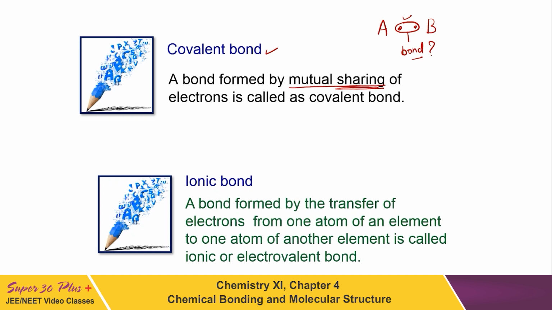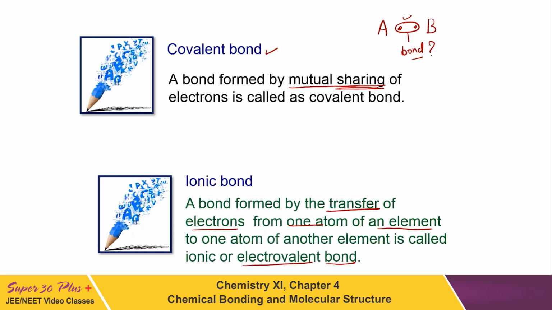While in the ionic bond, which is altogether a different scheme, what happens? You know this. In the ionic bond, there is a formation of ions. How are they formed? Ions are formed because of the transfer of electrons from one atom or element to another. It is also called an ionic or electrovalent bond.